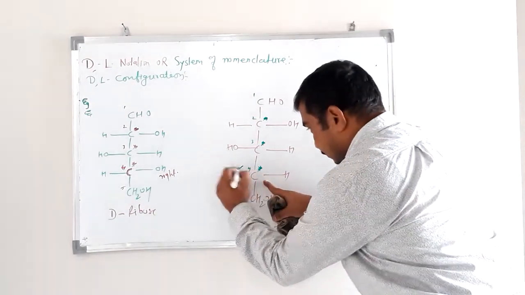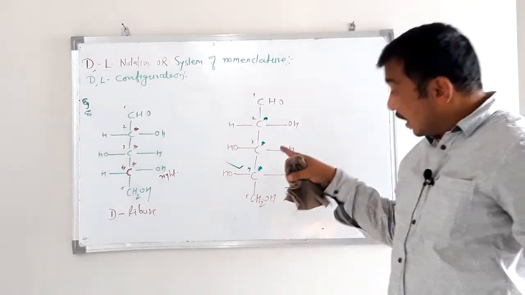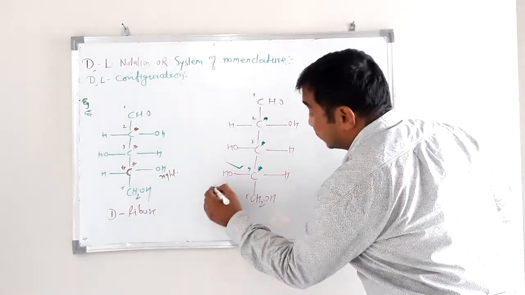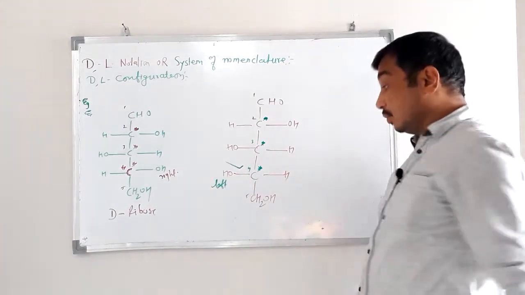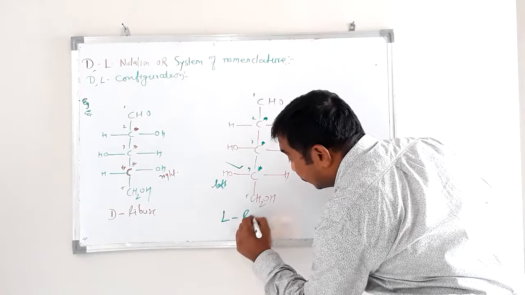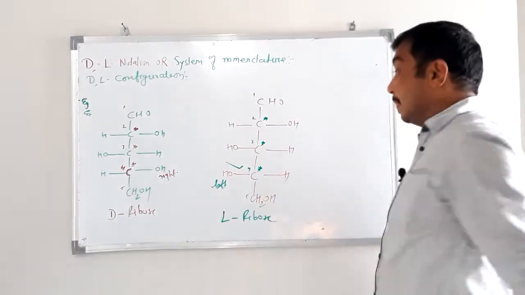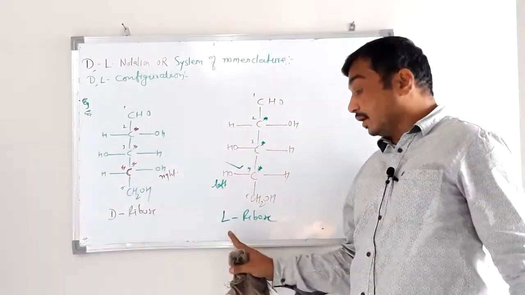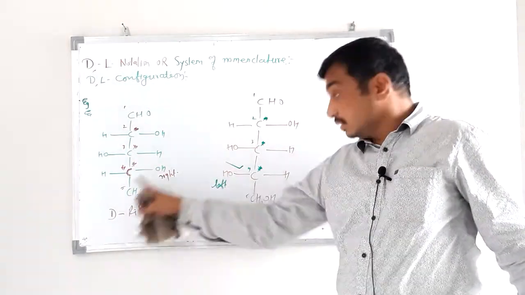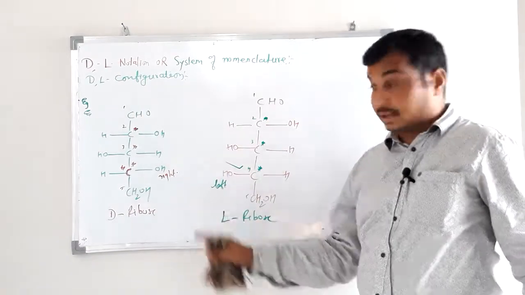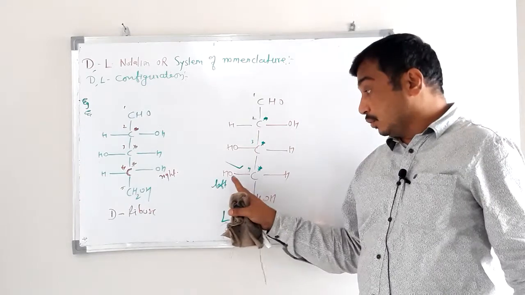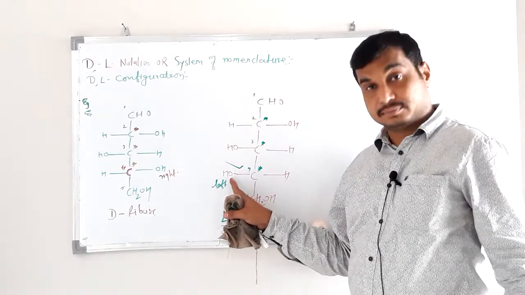So this is the last chiral carbon atom, and on it the OH group is present on the left side. So this ribose has L configuration. What is the configuration of this compound? Capital L. What is the configuration of the previous compound? Capital D. This is the only difference. D represents the OH group on the right side, L represents the OH group on the left side.